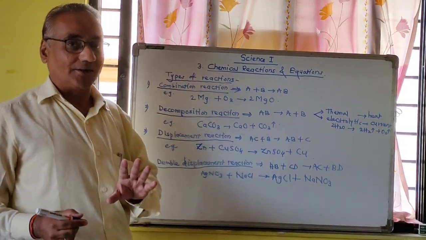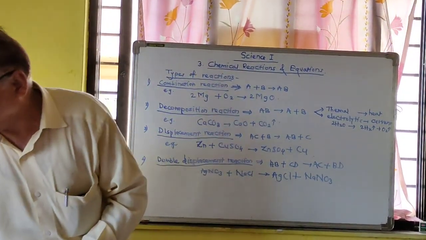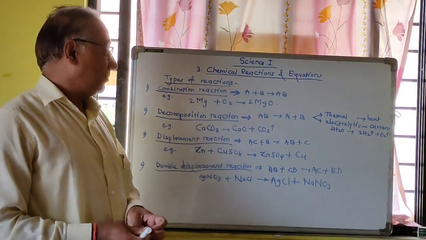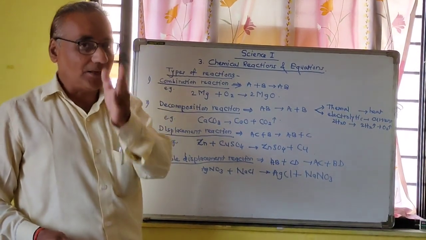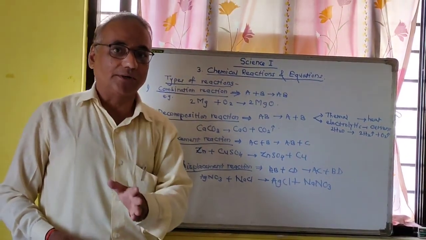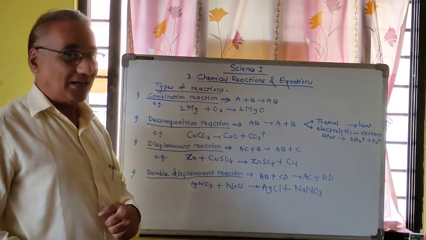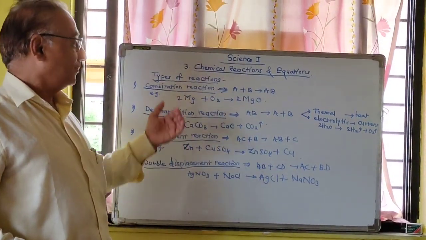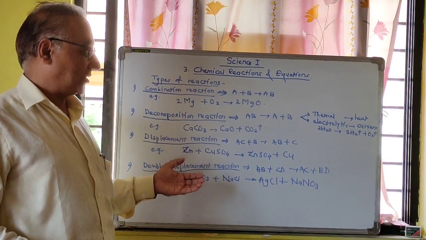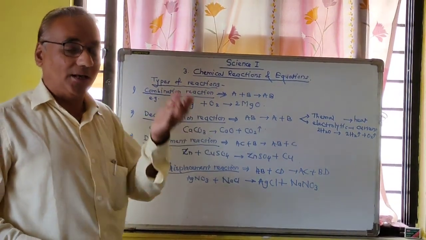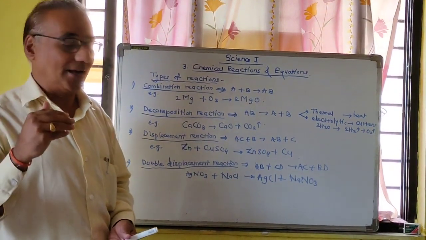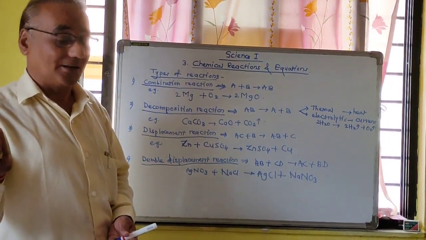Now let us try to understand what is meant by combination reaction. Before that, I can prepare something myself, which is not given in your textbook, so that we can easily understand these four types of reaction and easily identify them if chemical reactions are given and you have to classify them into their types.